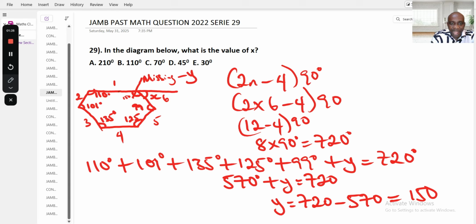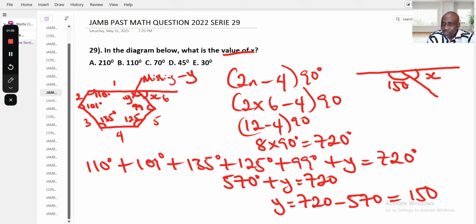And this is the angle on a straight line. The question says look for the value of x. We are looking for x. When you see something like this, a straight line, and the question says we should look for x here, and we have gotten 150 degrees. The missing one, which I called y, is what? 150 that we just got. Now what will be the x?